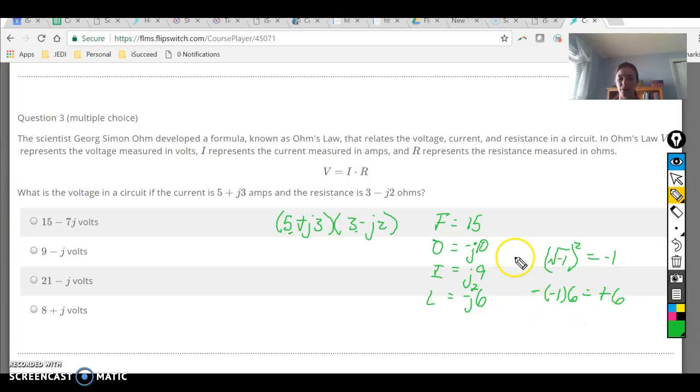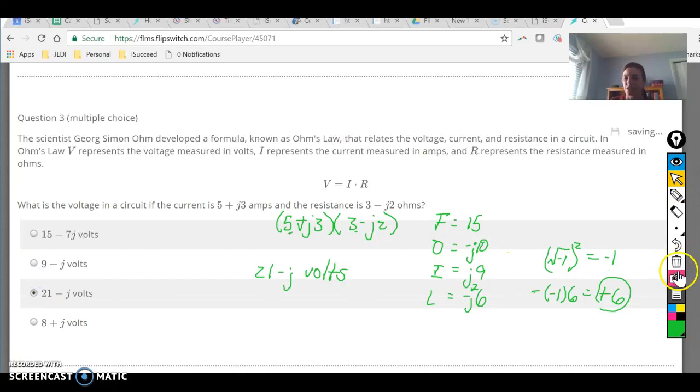And then now I can combine like terms. So my real numbers, 6 and 15, give me 21. And then I've got a negative J10 and a positive J9, which gives me a negative J volts. Okay, so 21 minus J. And that's how we did it, just using the FOIL method.